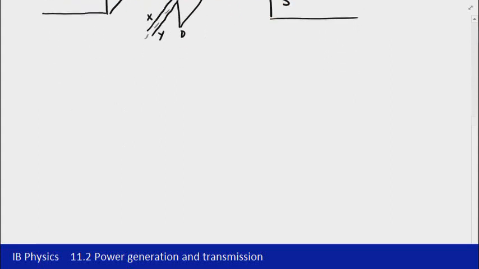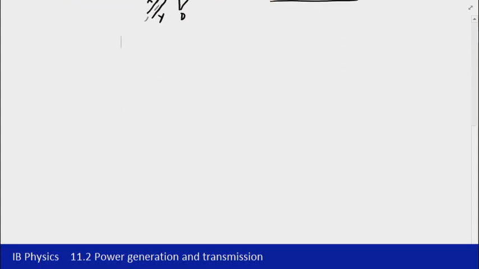Now, in order to make sense of how a generator works, we also need to recall from 11.1 that EMF is given by the equation negative N delta phi on delta t.